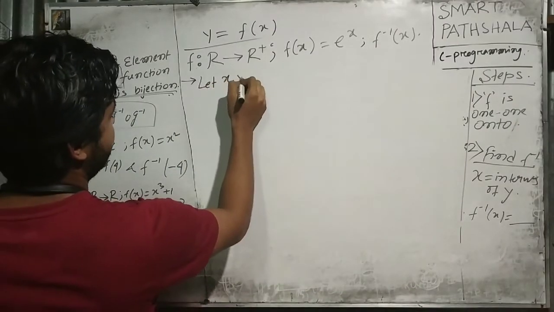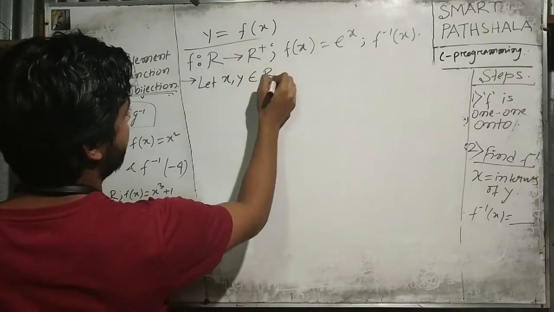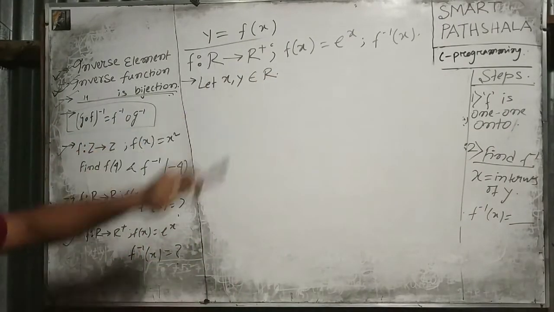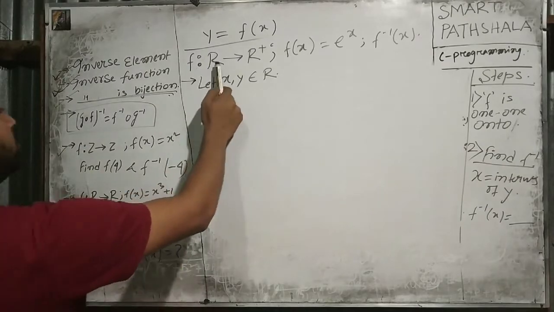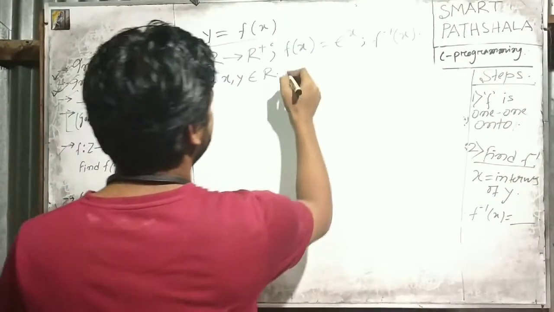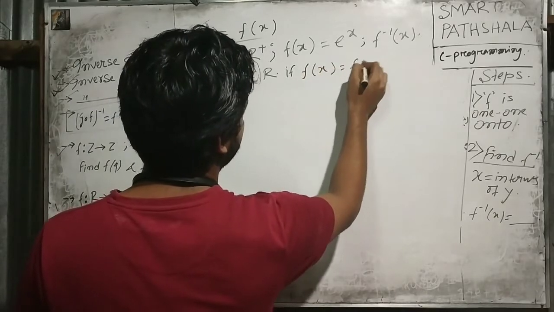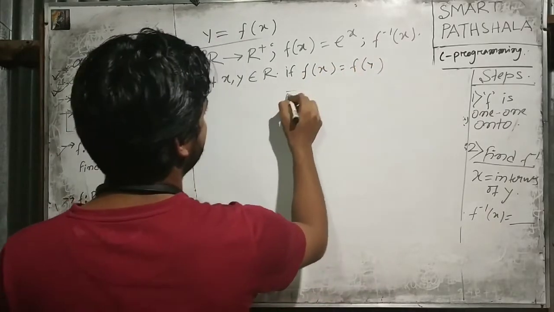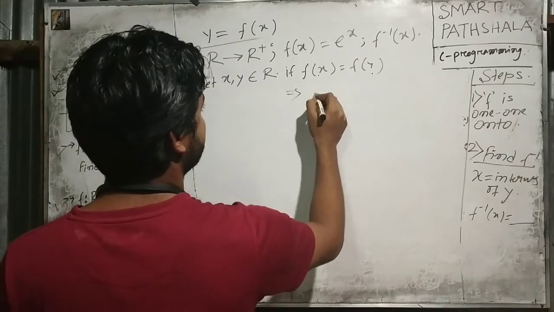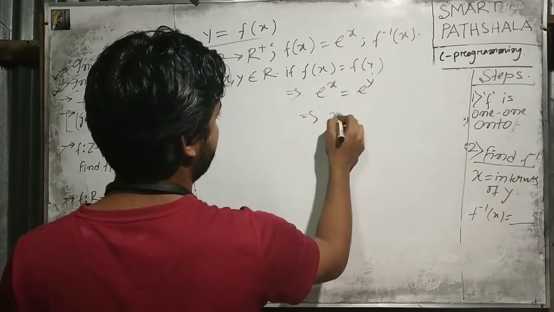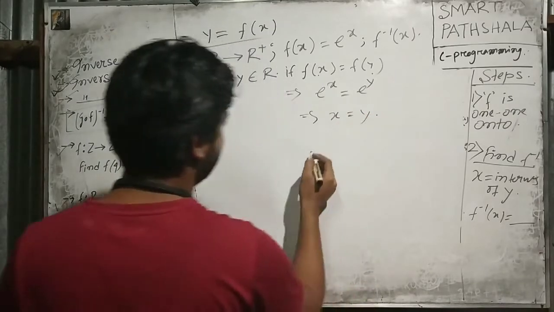Let x and y belong to R. Which R? This R, the domain one. Then if f of x is equal to f of y, this will imply e to the power x is equal to e to the power y. This will imply x is equal to y.